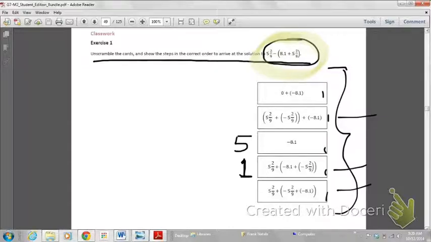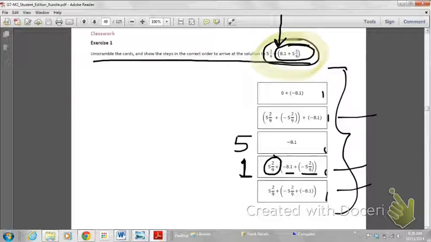So this whole idea of the opposite of a sum is the sum of its opposites. You can see where this said 5 2/9 minus, and this minus then applies to everything in the parentheses. So what they've done in step 1 is 5 2/9 plus a negative 8.1 plus a negative 5 2/9.